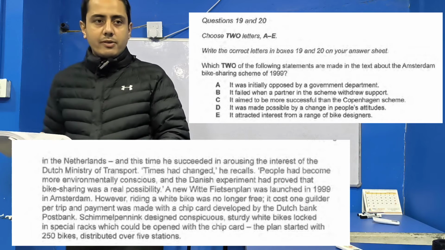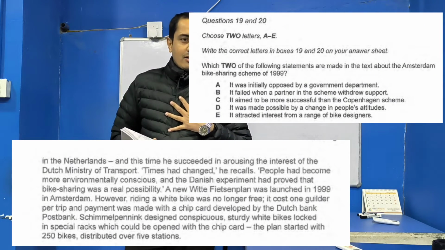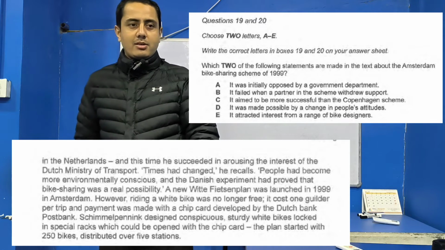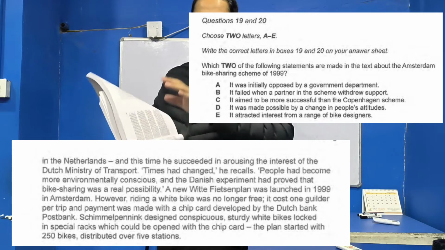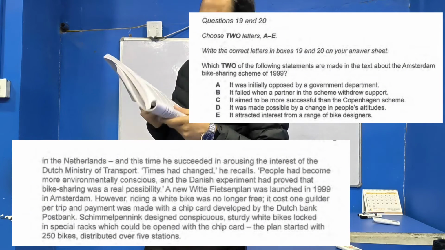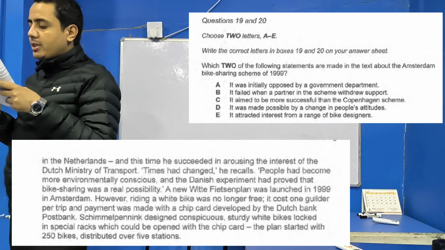The bicycle looks different. Otherwise, if you ride your personal bicycle, how would somebody know it is your personal bicycle or it's a government-given bicycle or Schimmelpenninck's bicycle? So they made it look different. Conspicuous. Sturdy means strong. White bikes locked in special racks which could be opened with the chip card.